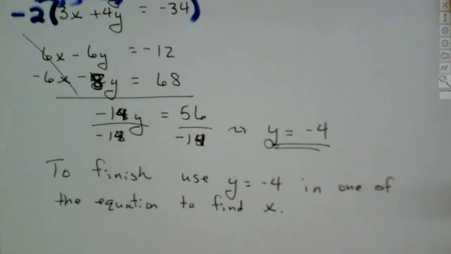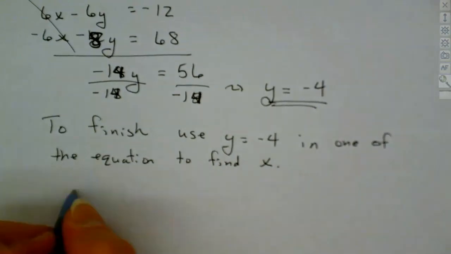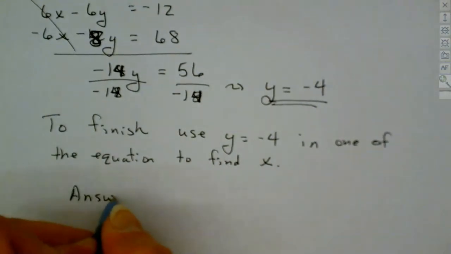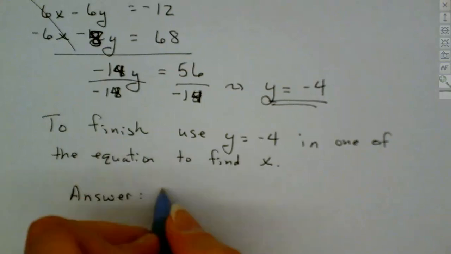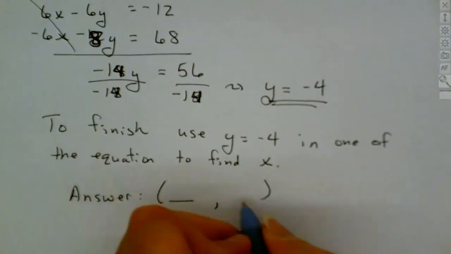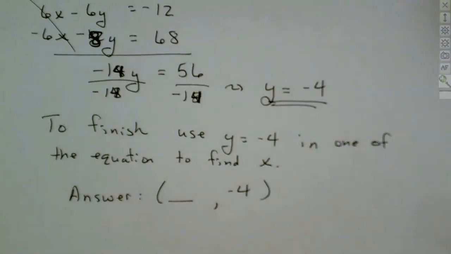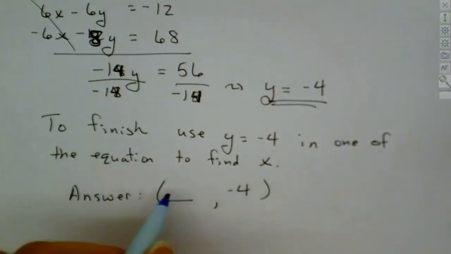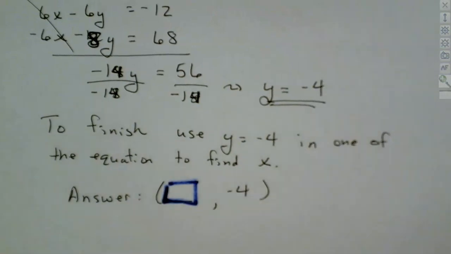And what is your answer going to look like? Okay, this is what your answer is going to look like. You're going to have to finish it, but your answer is going to be blank, comma, -4. You're going to have to plug the value in to find it, right? You're going to have to find that value. Is everyone okay with how I did that? Right? I'm not going to finish it because I want you to do it. That way you'll do well in the final.